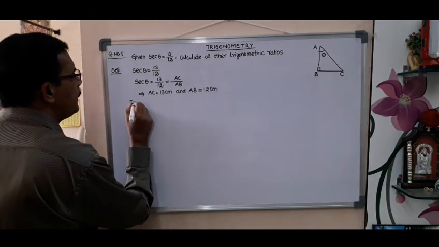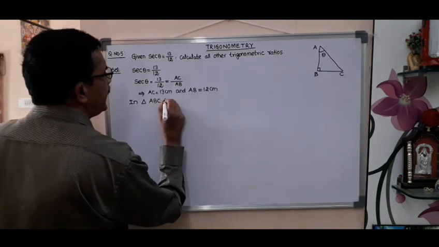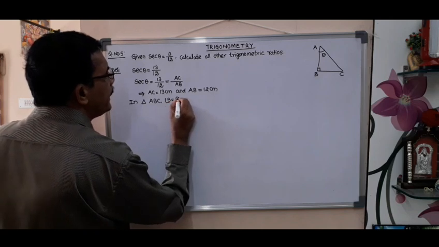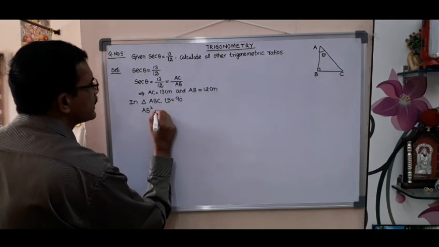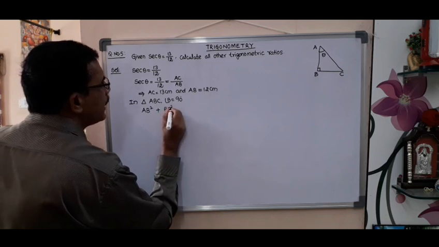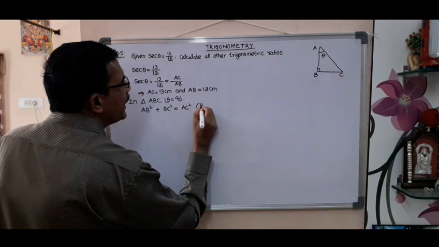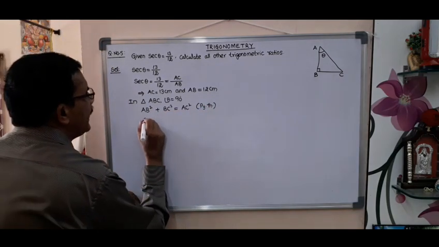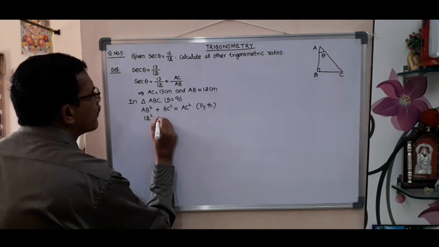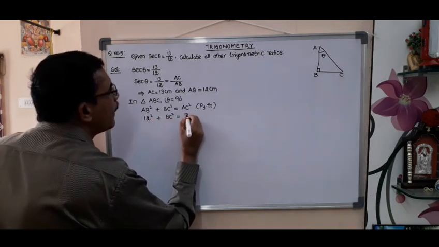In triangle ABC, angle B is equal to 90 degrees. AB square plus BC square is equal to AC square. This is Pythagoras theorem. AB length is 12, BC we are finding, AC is 13.